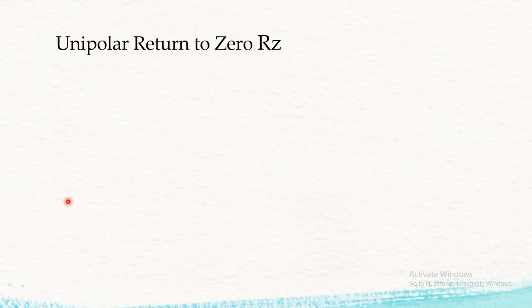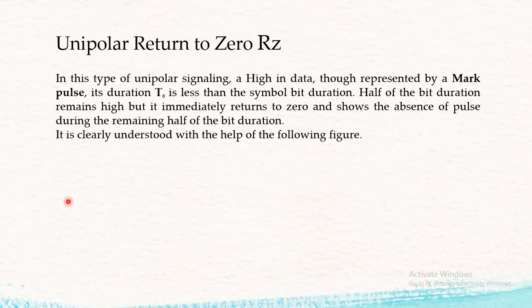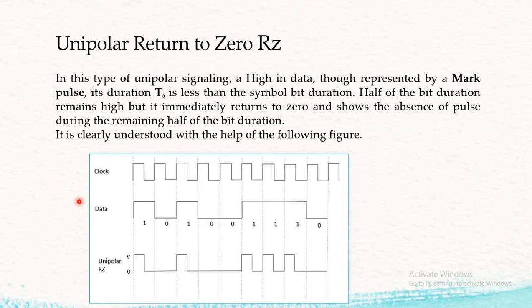Second type, unipolar return to zero, or unipolar RZ. In this type of unipolar signaling, the high in data is represented by a mark pulse, its duration t0 is less than the bit duration, and half of the bit duration remains high, but it immediately returns to 0, showing the absence of a pulse during the remaining half of the bit duration.